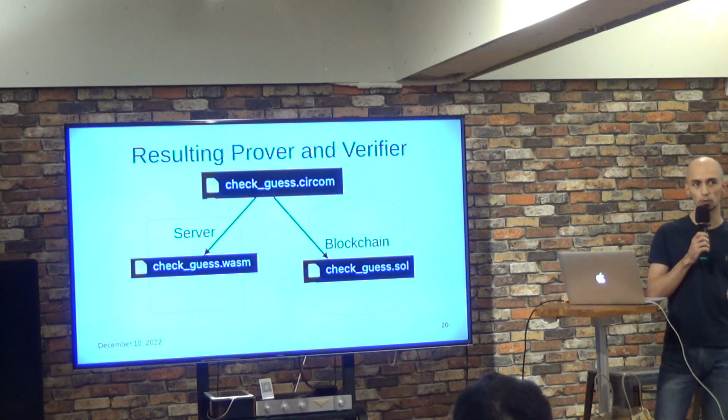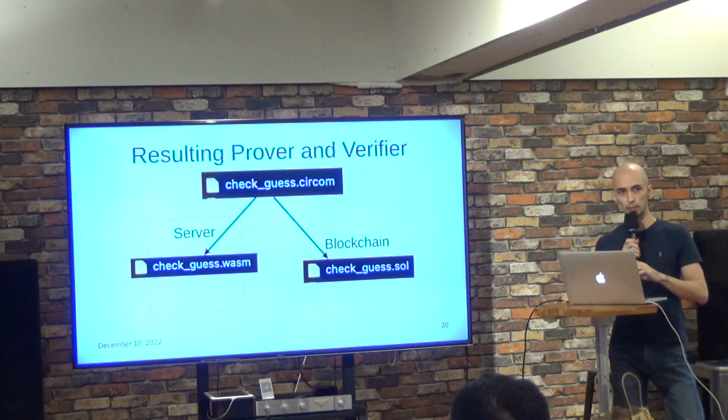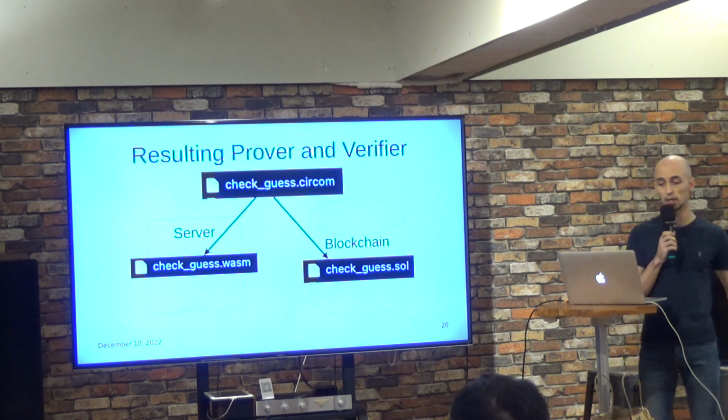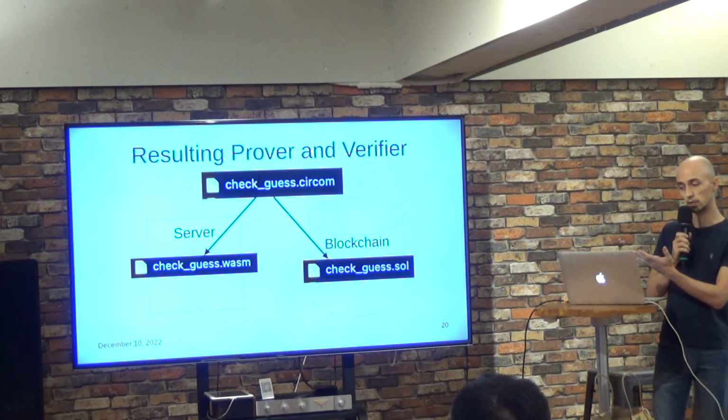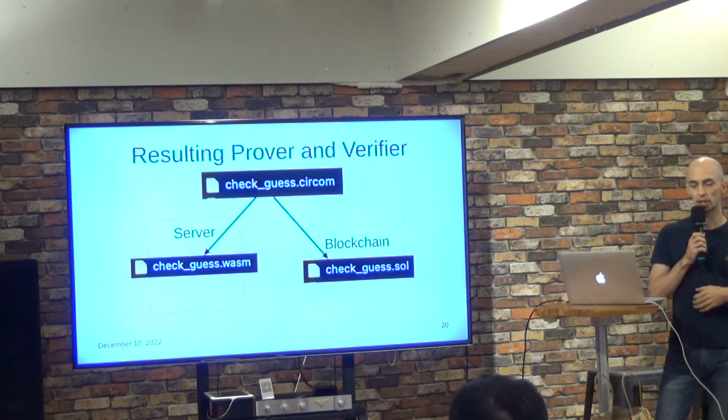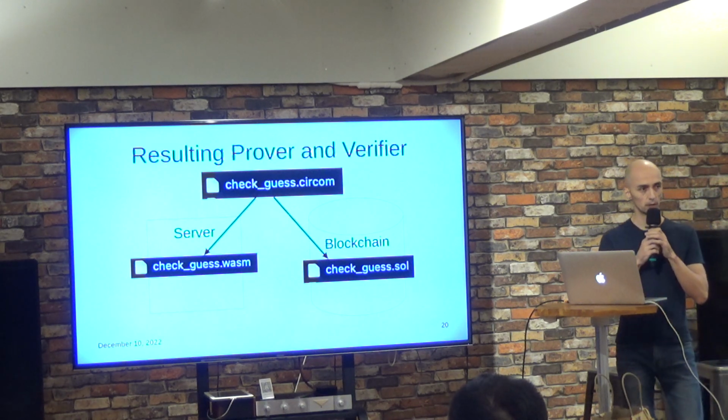In our case, we'll probably have a JavaScript server, and we'll put that WebAssembly file and run it inside our server. And the verifier is the smart contract, just a Solidity smart contract that we can deploy on any EVM compatible chain.